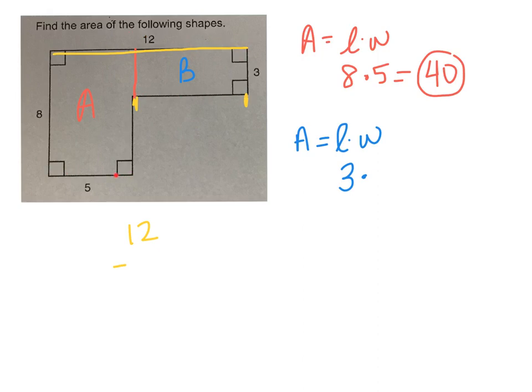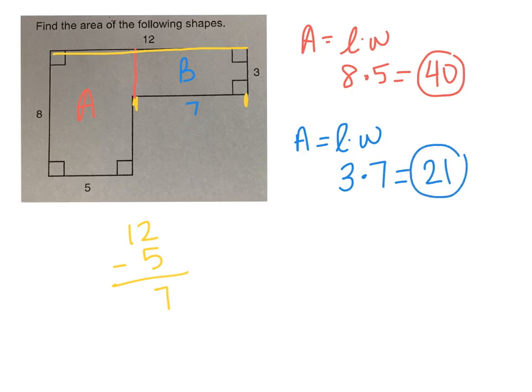So I'm looking here at this 5. That's what I'm going to subtract because I know the whole thing across is 12. If I subtract out this 5, that's going to leave me what's left over here for this side. So again, I'm going to do the 12 minus 5, and that is going to give me 7. So I'm going to use 7 for this side length. So back to our formula, length times width, we have 3 times 7, which is 21.